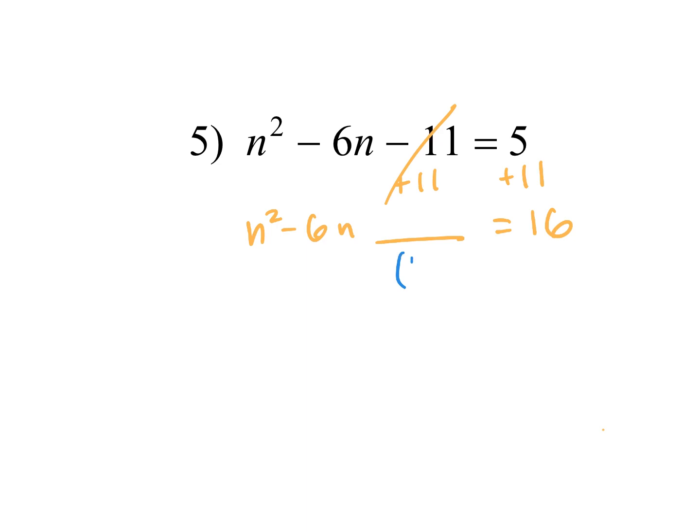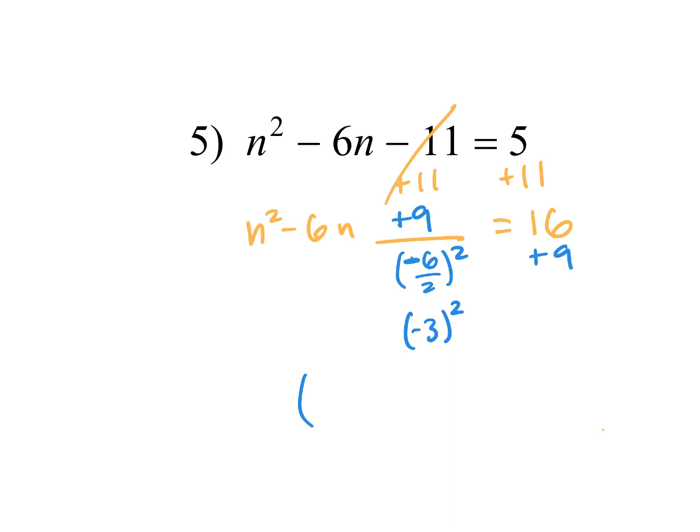B over 2 squared. And what's my b? Negative 6. So negative 6 over 2 squared. What's negative 6 divided by 2? Negative 3. And negative 3 squared? 9. So I'm adding 9 in here. What else do I need to do? Add 9 to 16.